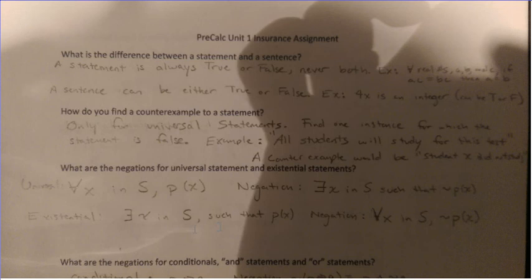The negation of that statement would have to be that every student in A2 doesn't have brown hair. That's the only way to show that the original statement was false, was to show that every student didn't have brown hair.